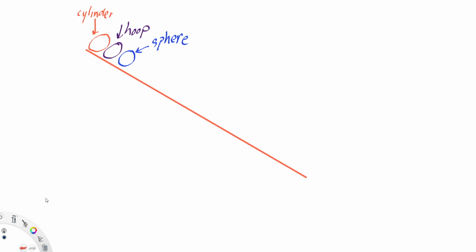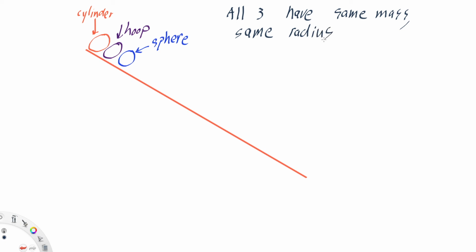Okay. So all three have the same mass and same radius. The question is, which one gets to the bottom of the ramp first?